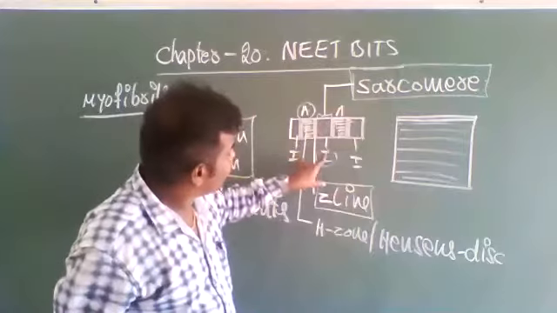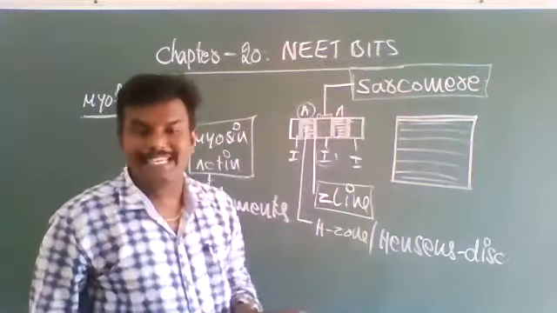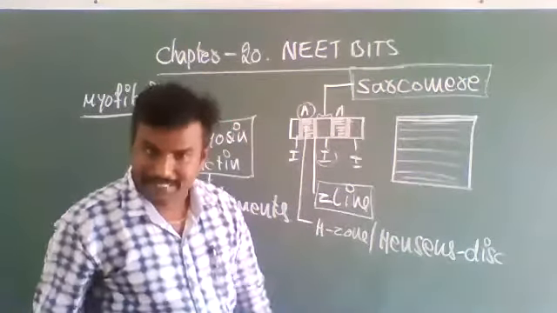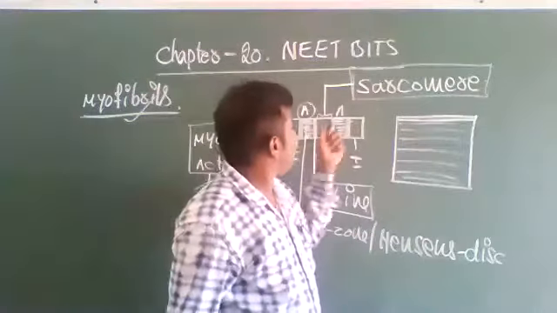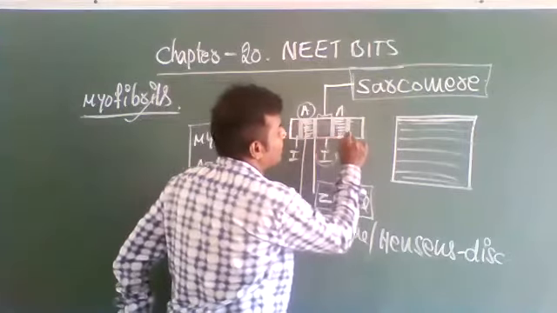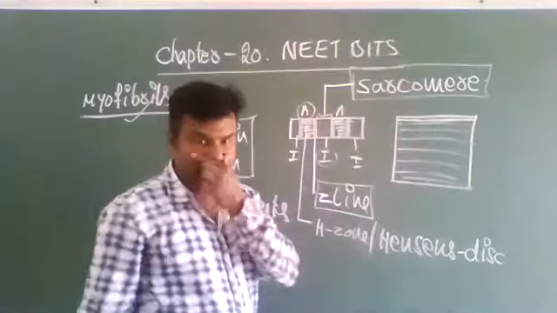The sarcomere is the structural and functional contractile unit of the myofibril. This region is a sarcomere, this region is a sarcomere, this region is a sarcomere, and so on, continuing like that.